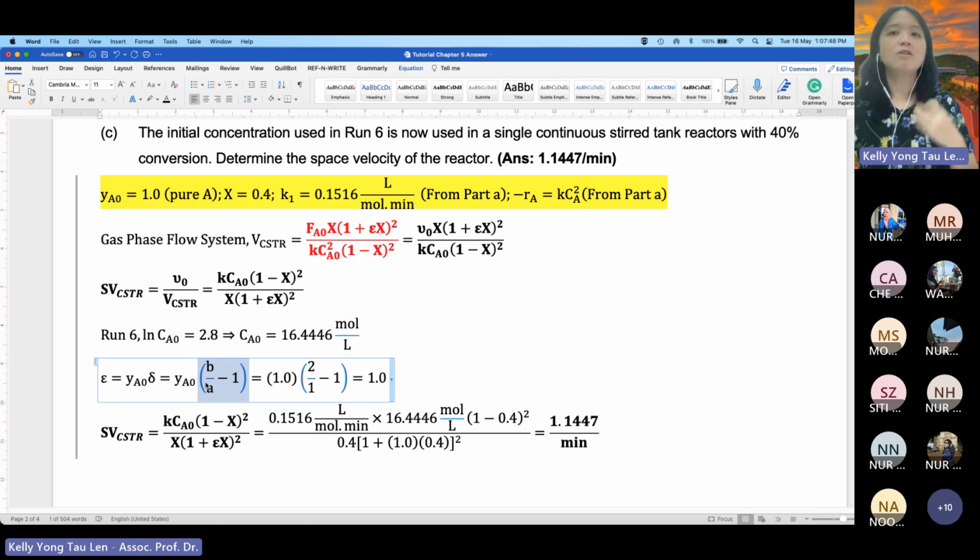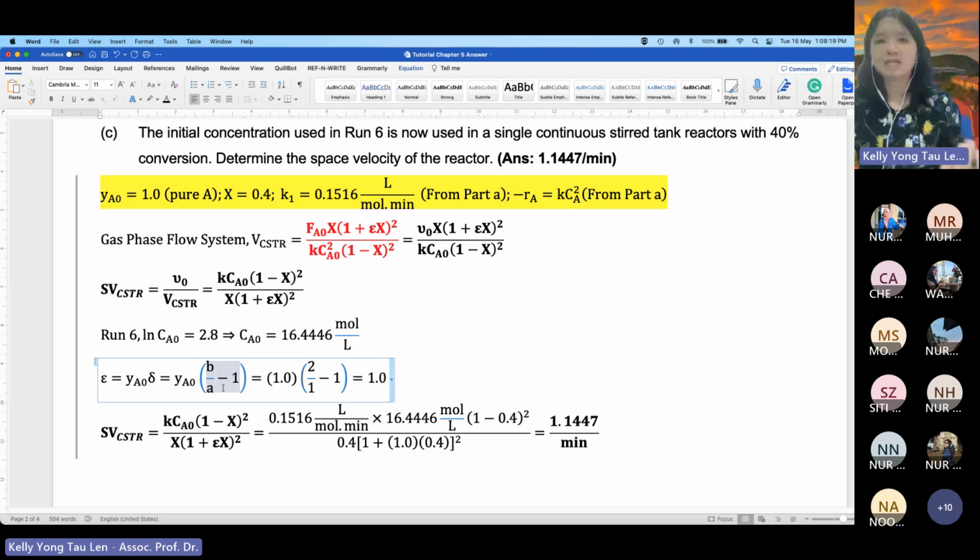What is nilai sigma? If you forget, is the ratio of your stoichiometric coefficient of which it is positive for product, negative for reactant. If you remember, the reaction is 1A produce 2B. Sebab tu dia punya formula untuk mencari sigma equals to B per A, positive for B because B is a product. So B per A minus 1 or technically is minus A per A. So A tu reactant, right?